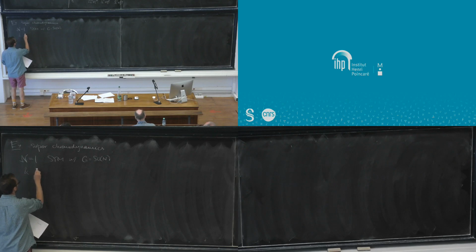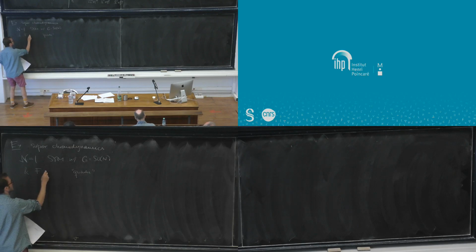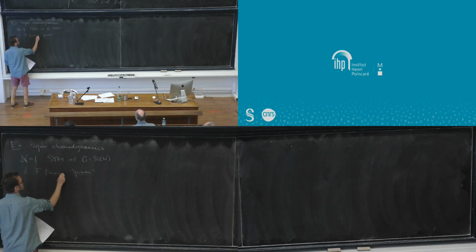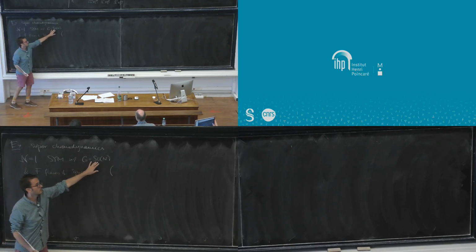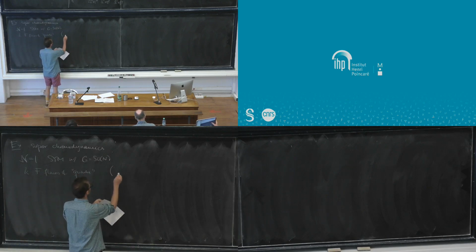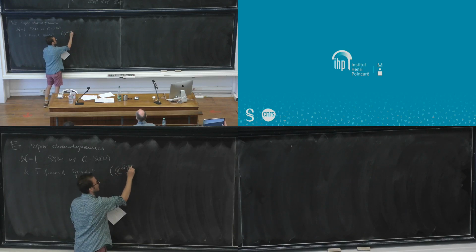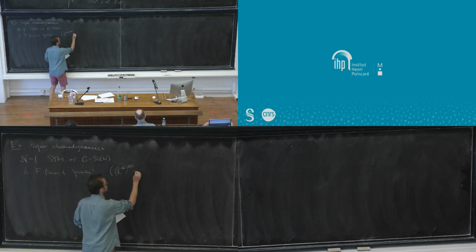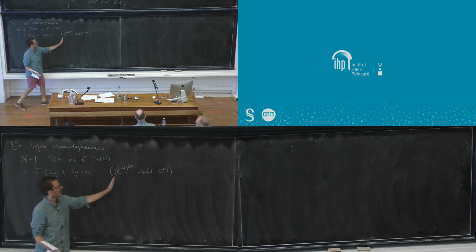But then there's some extra fields. There's a bunch of things called quarks. And a physicist would say there's F flavors of quarks. What that really means is that the quarks are some section of an associated bundle to SU(N). So I need to give you a representation of SU(N). What I do is I take the defining representation and I take F copies of it, which you might think of as Hom from C^F to C^N. This is some funny word physicists use just to tell you how many copies of the quarks you have.